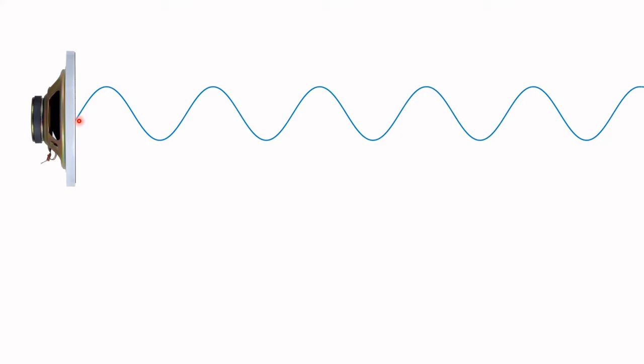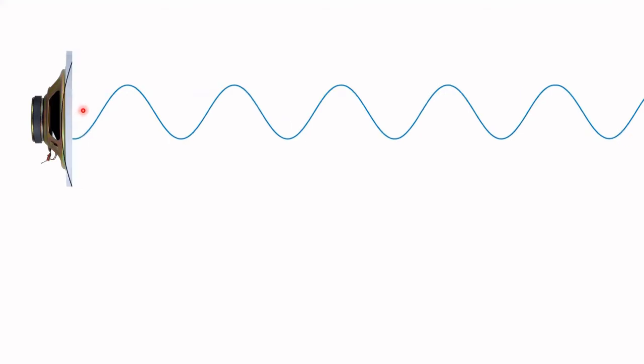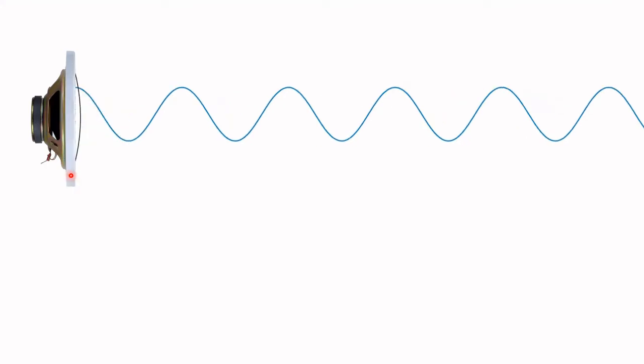Another 1/4 period later, now the speaker membrane is in its furthest back position, and that's why the function has its lowest value. So the height of the curve at any time at the origin matches the position of the speaker membrane.